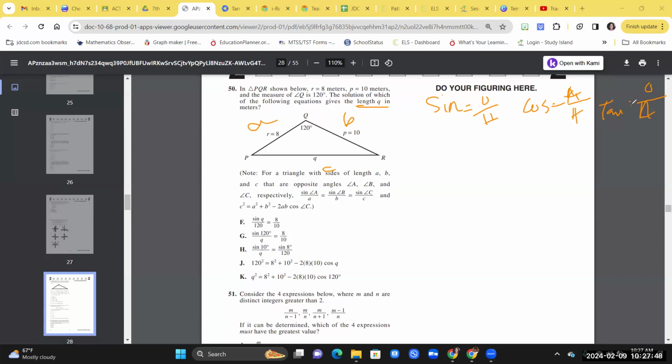So I'm going to keep that as C, and we'll see.